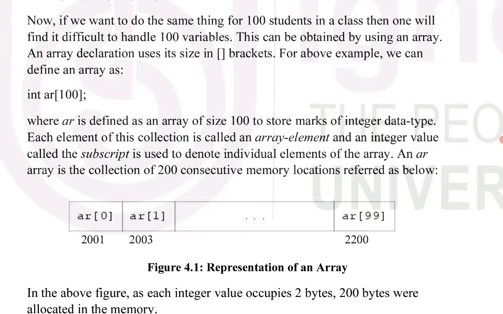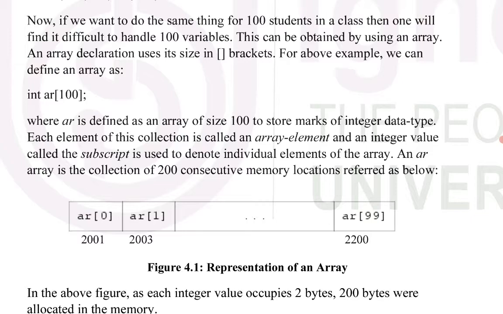For example, if you create an array int a of 100, then internally 100 elements are created in memory: a of 0, a of 1, a of 2, a of 3, up to a of 99. These memory cells are stored in continuous manner, one after another, so that we can access them very easily by using the array name and subscript.